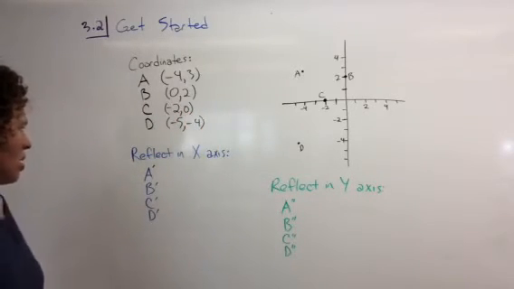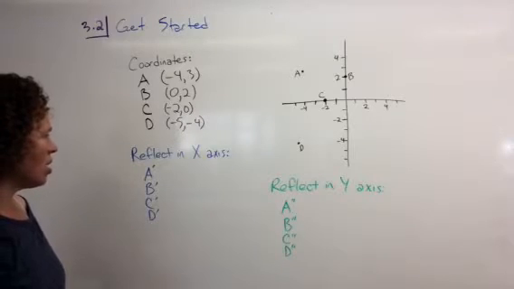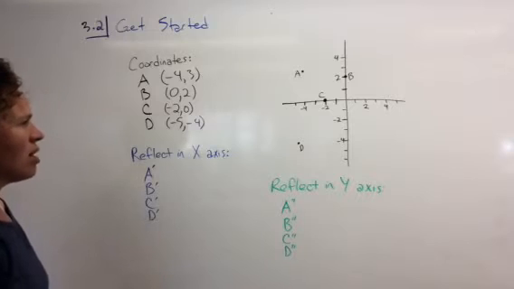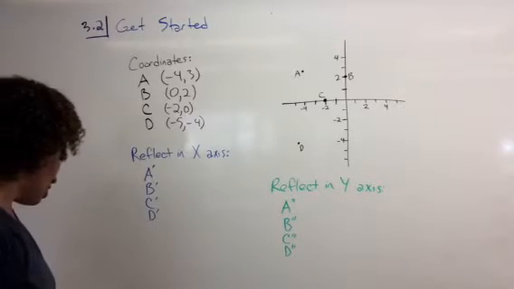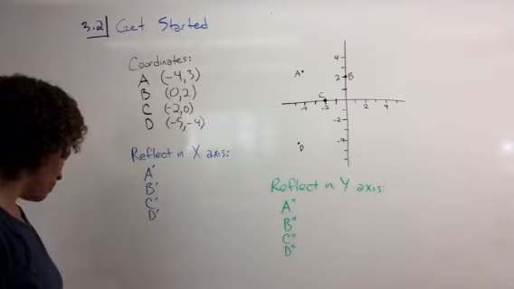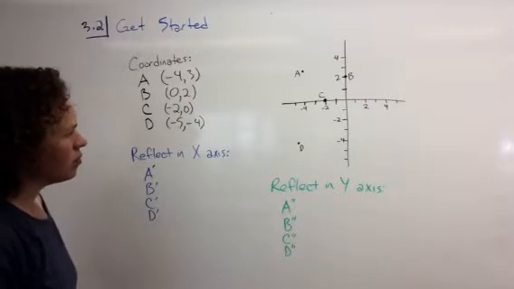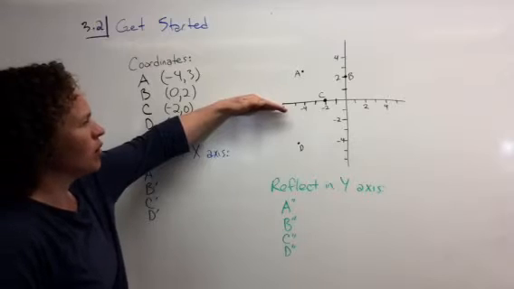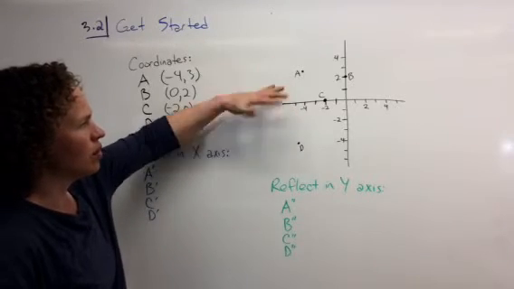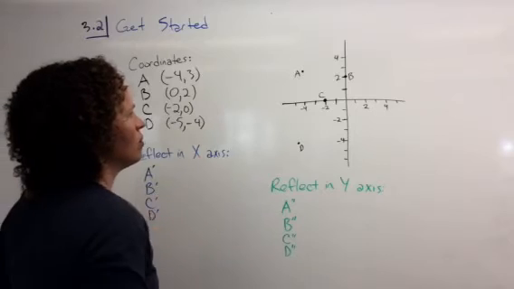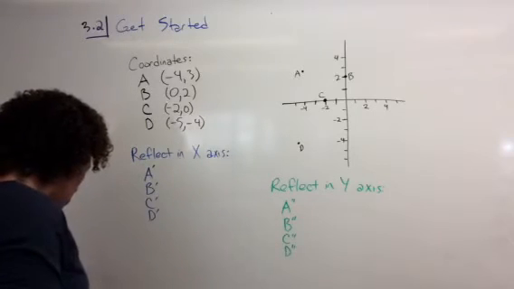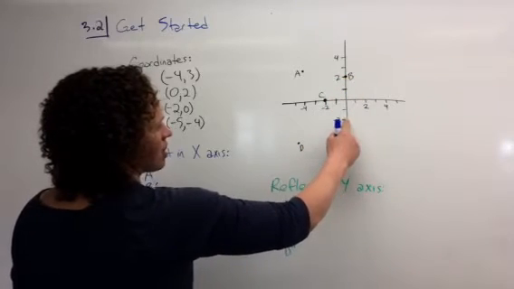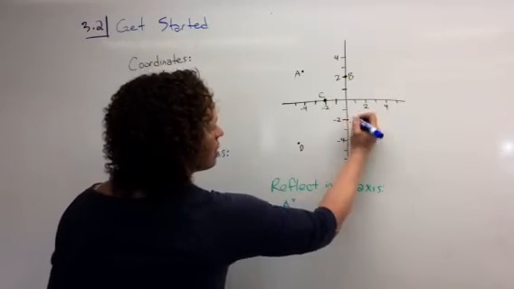Now the first thing it says to change is that we're supposed to reflect them in the x-axis. So that means if I'm looking at the x-axis, this is my mirror. So I'm going to flip them all over the x-axis. So for example, to choose an easy one to start with, B flipped over the x-axis ends up here.